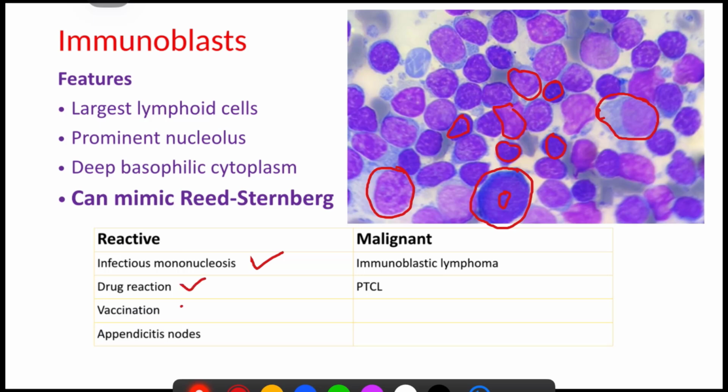Some drug reactions, vaccination, or appendicitis nodes can have this increased number of immunoblasts. And immunoblastic lymphoma and PTCL also show increased numbers of malignant immunoblasts.